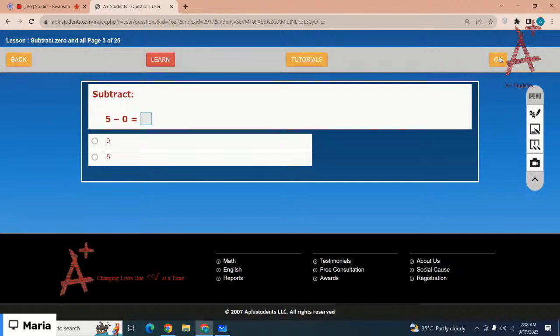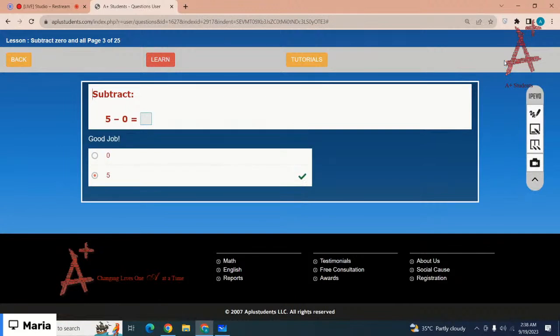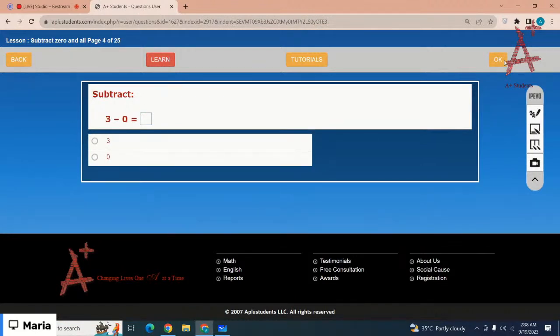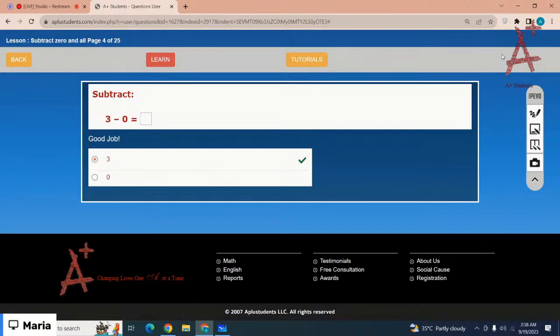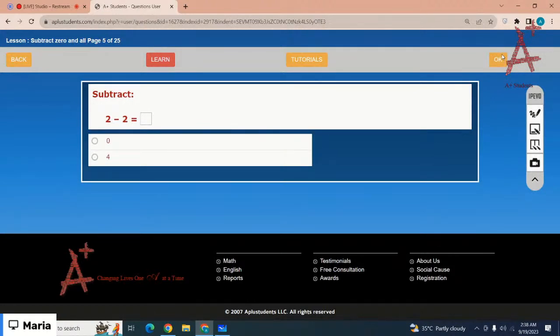The correct option is 5, right? 5 take away 0 is 5. 3 take away 0 equals, yes, that would be 3. So when you're subtracting 0 from a number, the number stays the same, right?